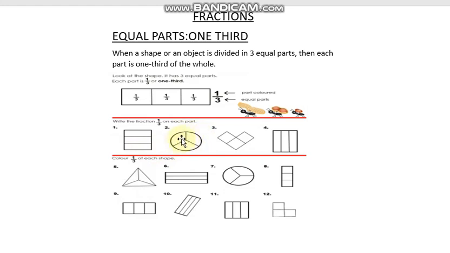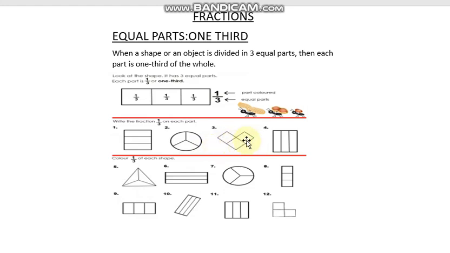Similarly, you see this is the whole shape, and it is divided into three equal parts. All the three parts are equal, so when we color only one out of these three parts, then we can write 1/3.